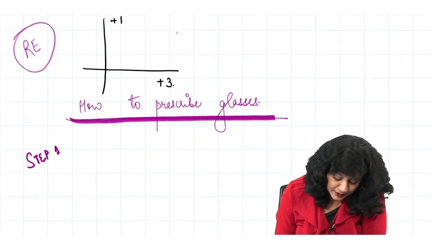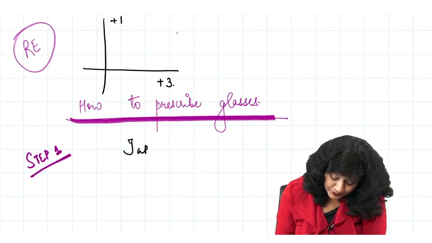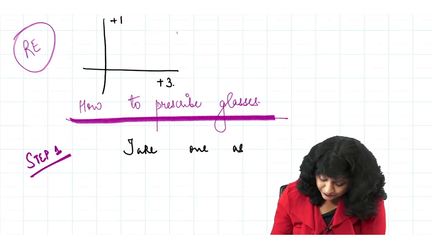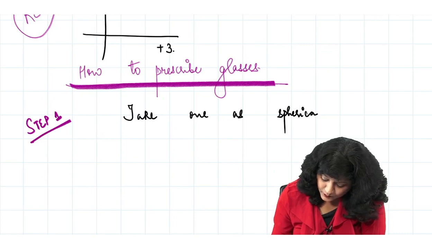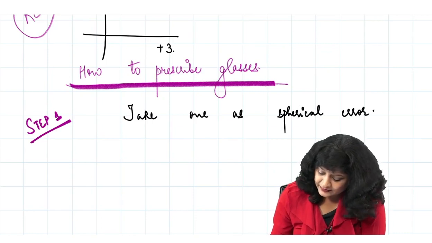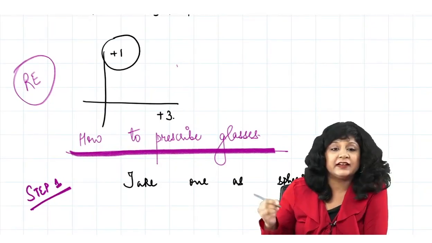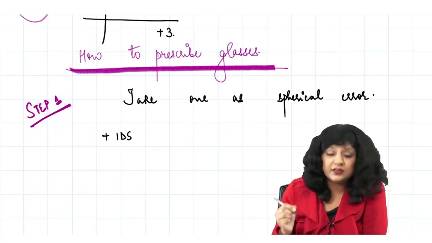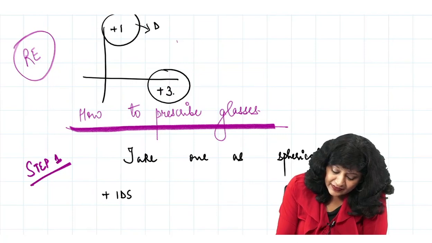Step number 1 is that you take one as your spherical error. So suppose I take +1 diopter sphere as my spherical error.